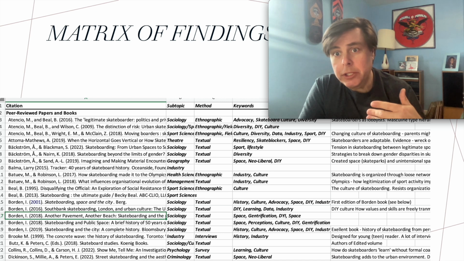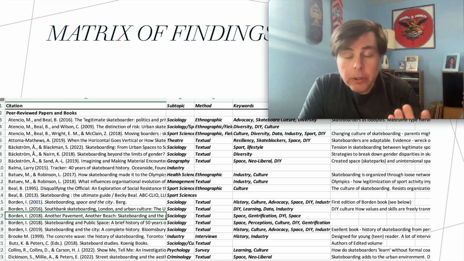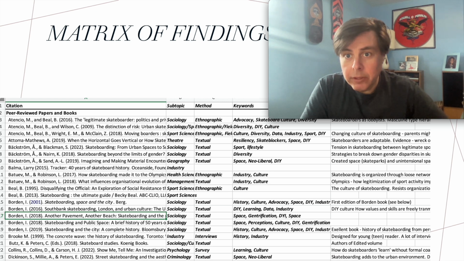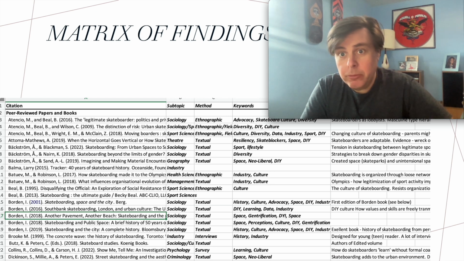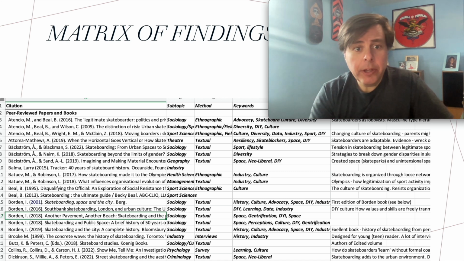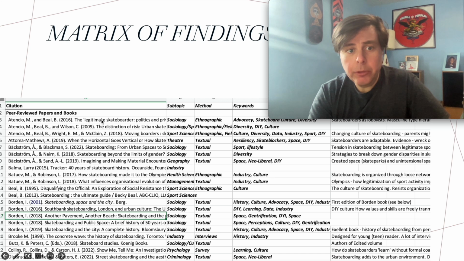So this sheet here is part of a sheet on findings, right? So these are papers that are related to the work that I'm doing right now. So in the first column there it says citation. These are peer-reviewed papers and books. You see that in the first column here, I'm going to grab my pointer. The first column here is the citation, right?